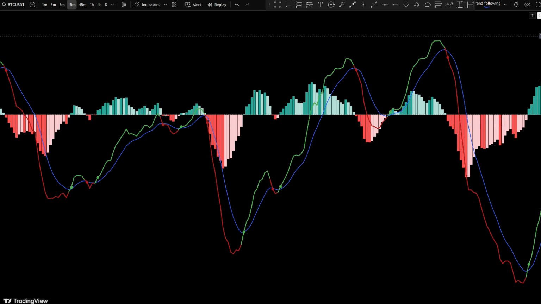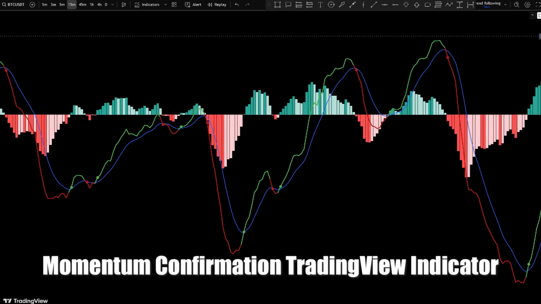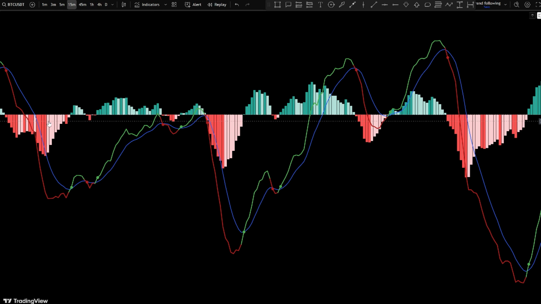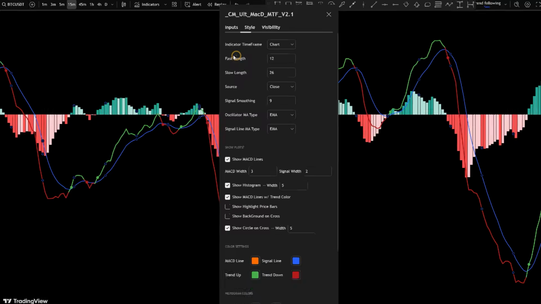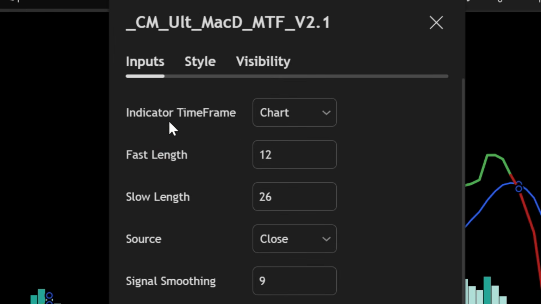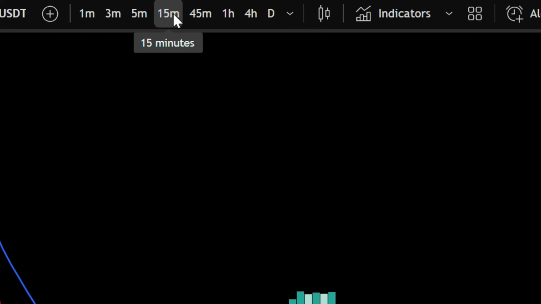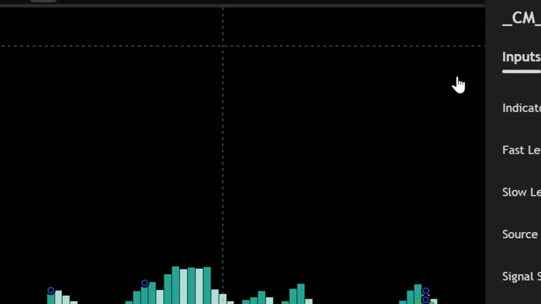The MACD will work as an awesome momentum confirmation tool, but we need to tweak a few things. First, to help us ignore those little market fluctuations, let's change the indicator's time frame to 1 or 2 time frames higher than your chart. Since we're on the 15-minute chart right now, change the MACD indicator to 30 minutes.